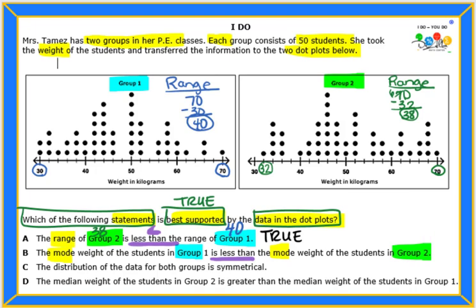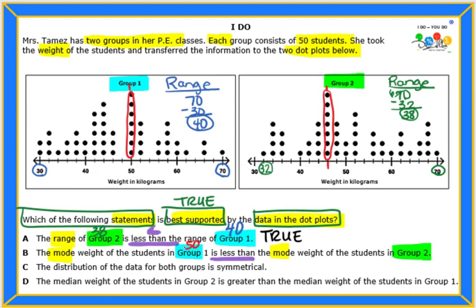Here, I can see that this is the peak. Then I look at group 2, and I find that this is the peak right here. This is where there's the most dots. For group 1, it's easy to read. That is 50.